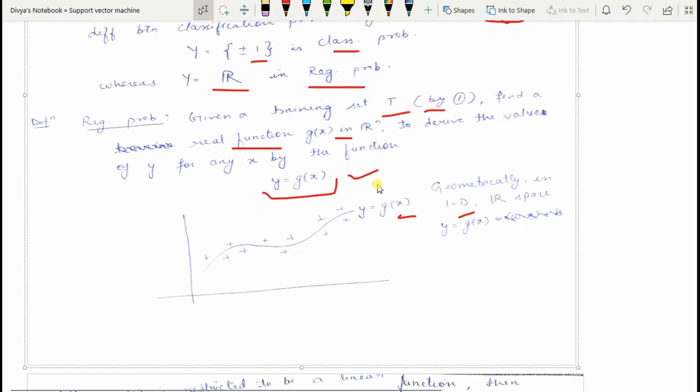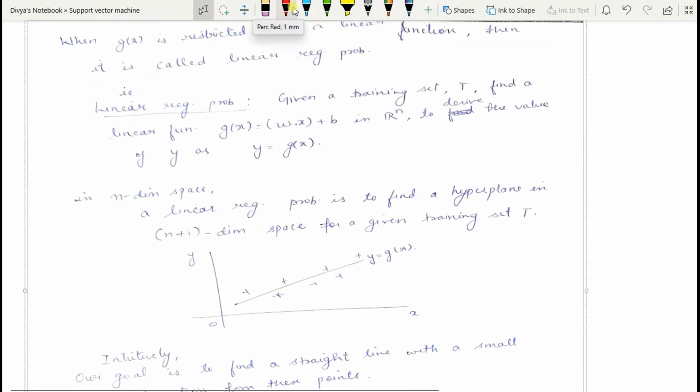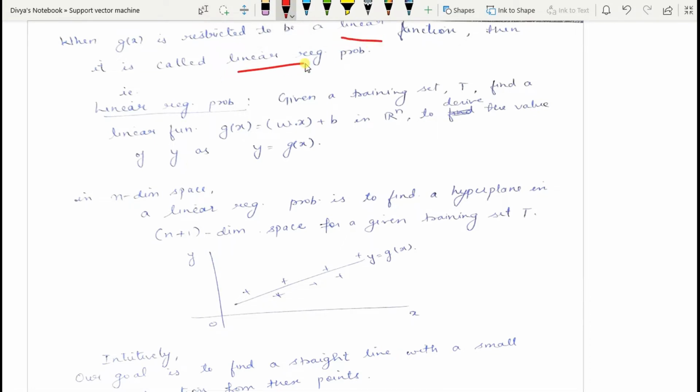Now, if this g(x) function that we are finding is a linear function, then that would be called a linear regression problem. When g(x) is restricted to be a linear function, it is called a linear regression problem.